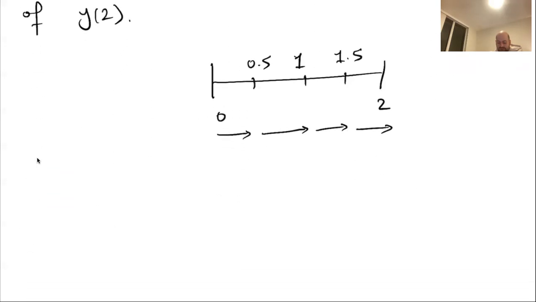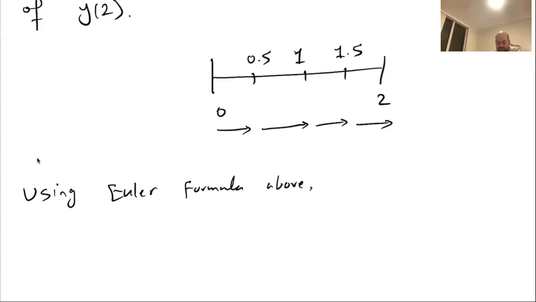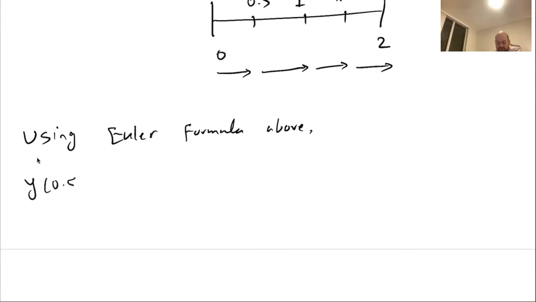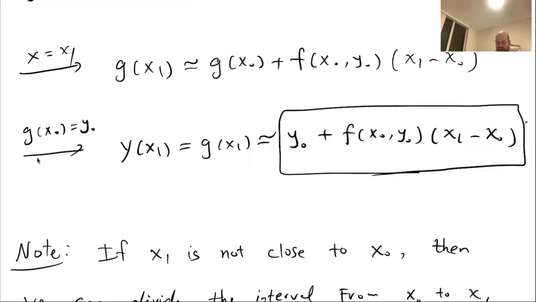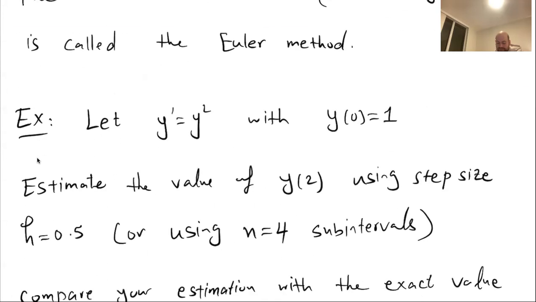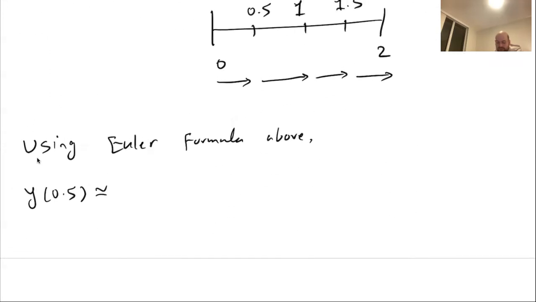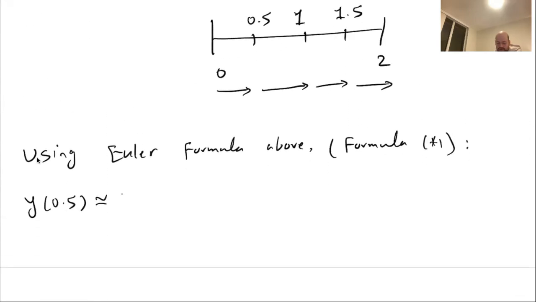So using the Euler formula above, we can say that y of 0.5 is almost equal to, I mean using this formula, formula star, y0 plus f of x naught, y naught times 0.5 minus x0.